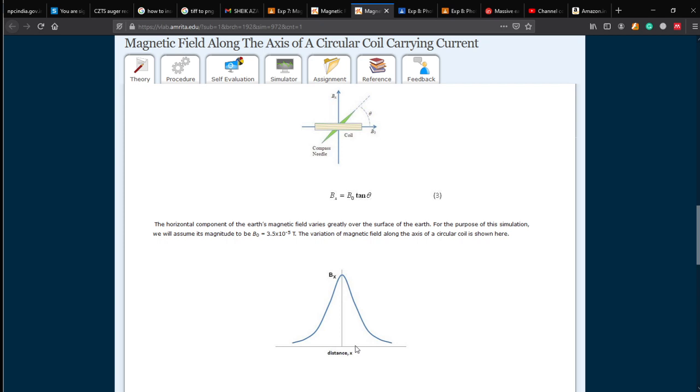Now coming to plus 10 and minus 10, you will get these two values, and for plus 15, minus 15, plus 20, minus 20, you will get several values. Obviously you have to find the value of Bx for x equals 0, which will be the maximum.